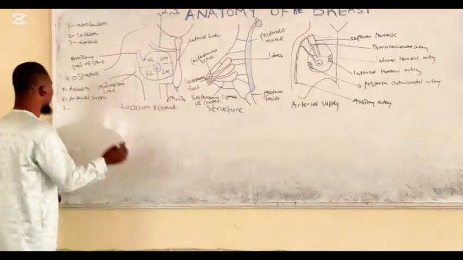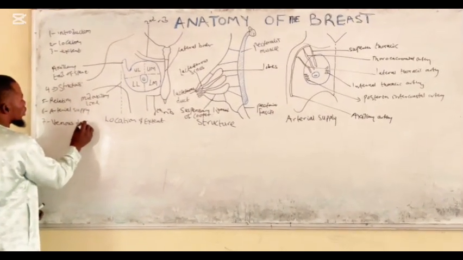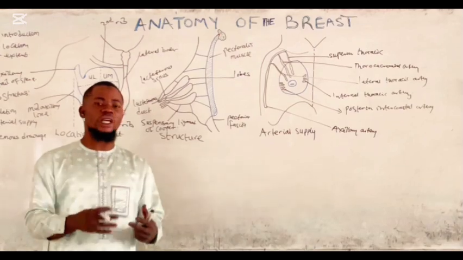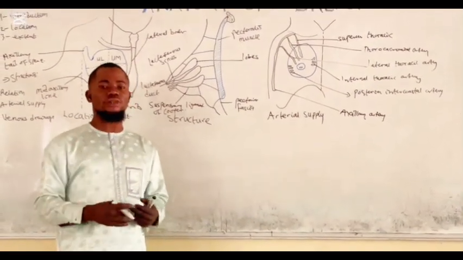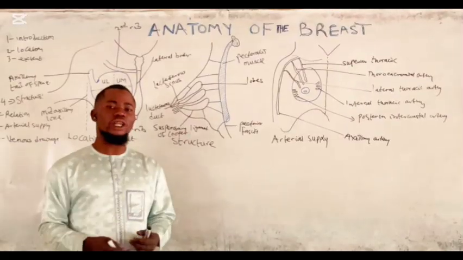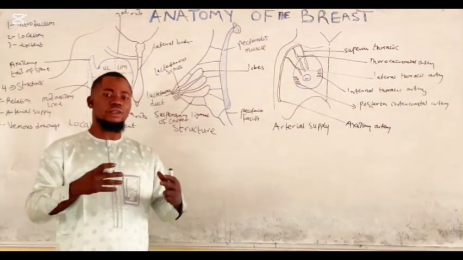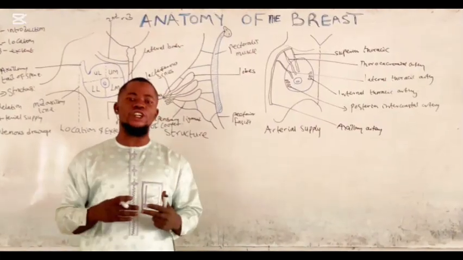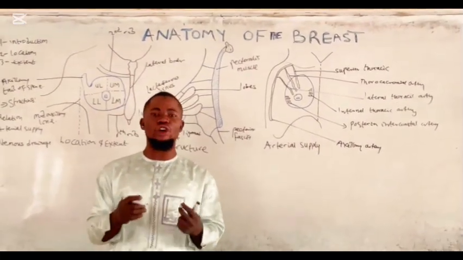The next one is the venous drainage. The veins that drain the breast accompany the arteries. That is, there are the internal thoracic vein, posterior intercostal vein, and the axillary veins. Now, the veins converge towards the base of the nipple, where they form an anastomotic venous circle.